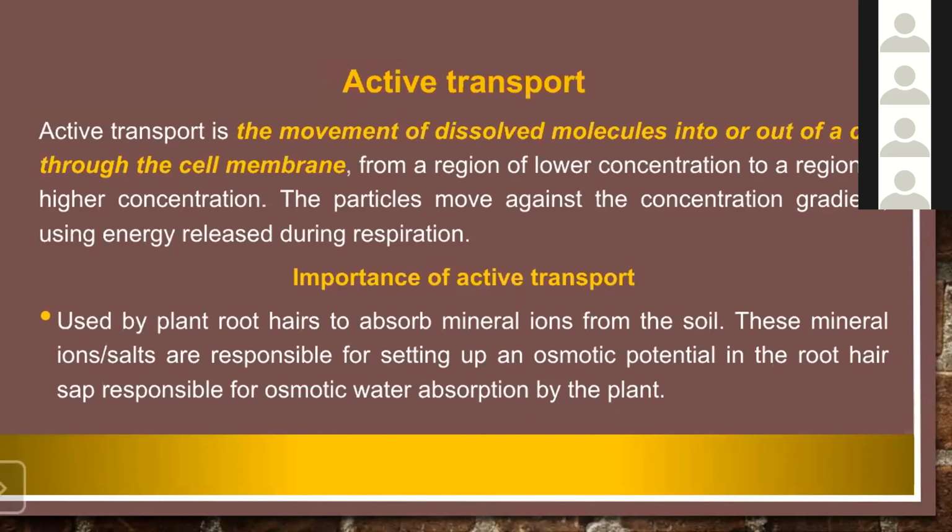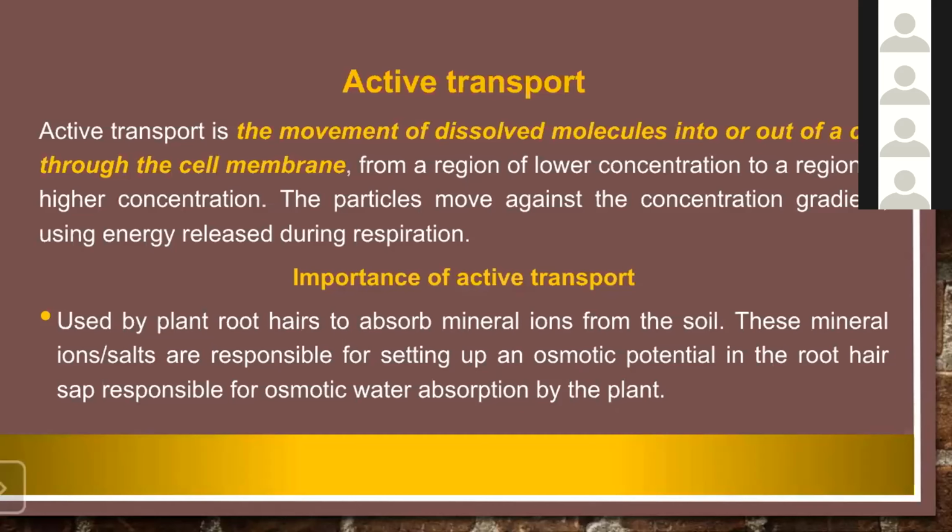Active transport is a movement of dissolved molecules into or out of a cell through the cell membrane from a region of lower concentration to a region of higher concentration. The particles move against the concentration gradient using energy released during respiration.